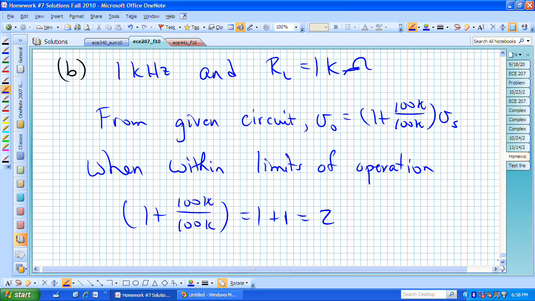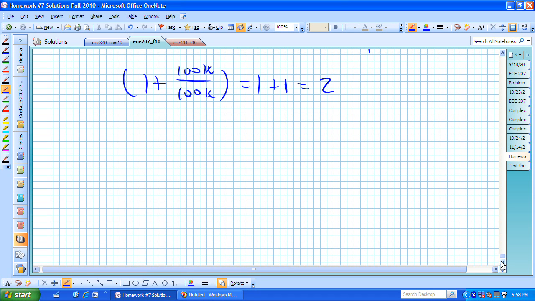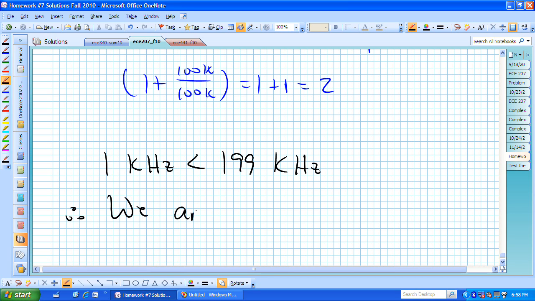In this particular case, our full power frequency was 199 kilohertz, and we're putting in 1 kilohertz, which is definitely less than 199 kilohertz, which says that we are well within our speed limit.